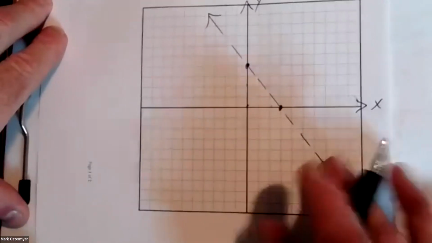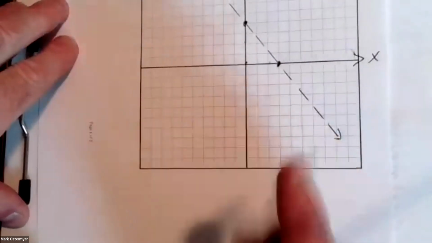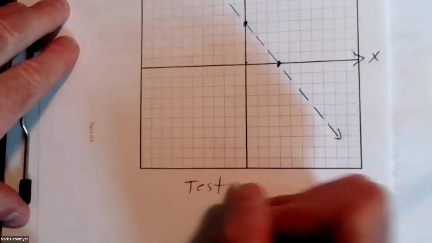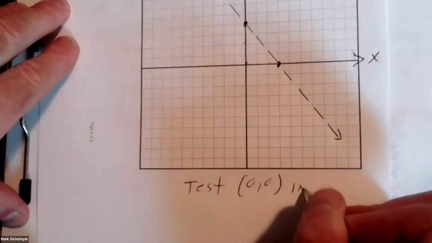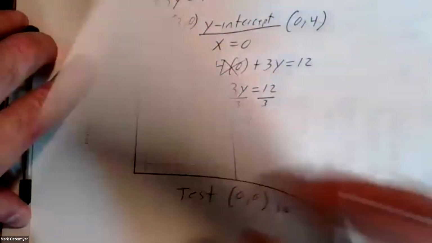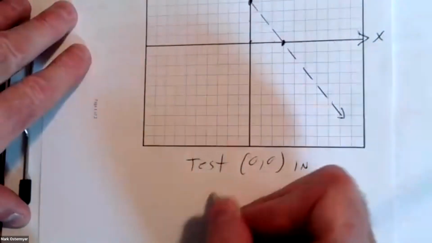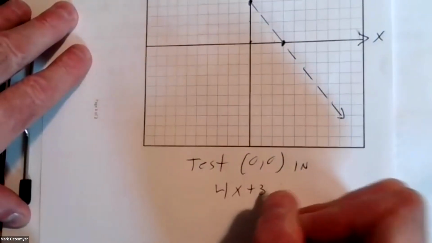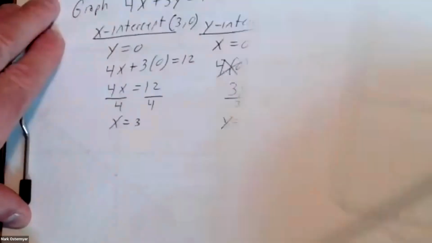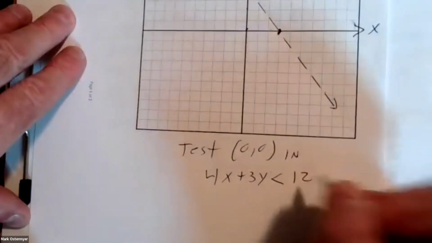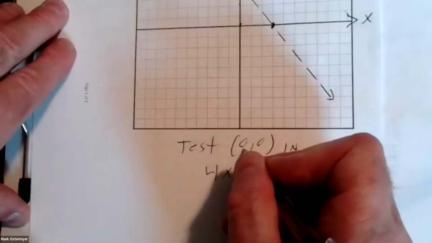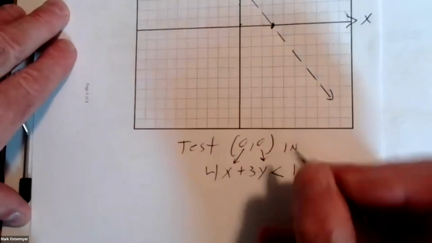So what I'm going to do is test 0, 0 in my inequality. And my inequality is what? 4x plus 3y is less than 12. That means I replace x with 0, y with 0, and we verify.